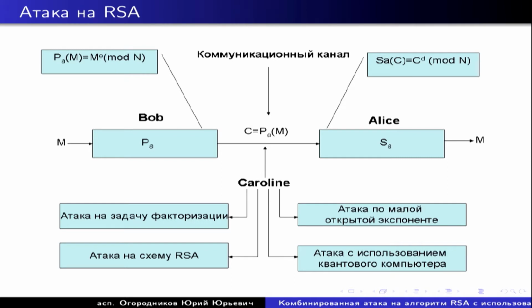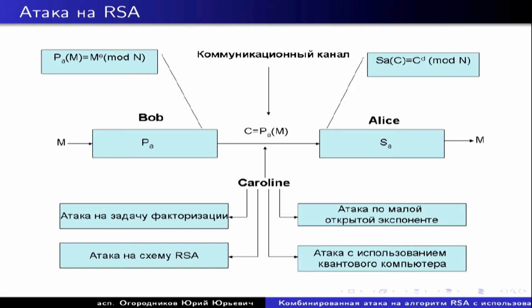The message is sent and the open key is used here, so it sends to Alice. She takes the closed D key and decrypts it.